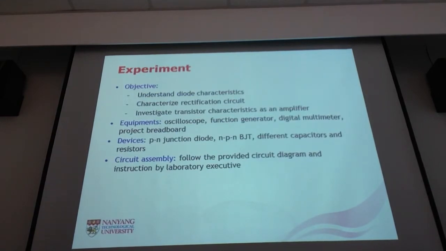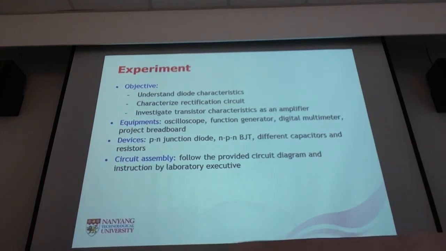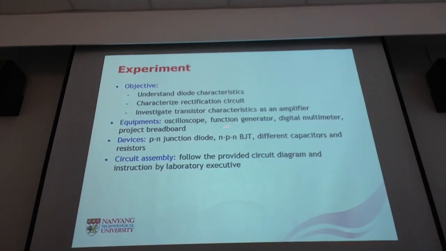Talking about this experiment itself, as we said, the objective is to understand the characteristics and characterize the circuit, and then investigate its characteristics as an amplifier. The equipment we have is an oscilloscope, function generator, digital multimeter, and of course the project breadboard.